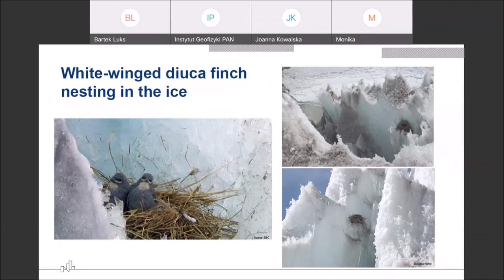There's a tiny bird which is called the white-winged diuca finch. It's living in South America. And as they are afraid of predators, the place they found to be best for their nest is glacier fronts, which can be 30-40 meters high, like glacier walls. These little birds decided that it's the best place to nest, even with extreme conditions like cold.